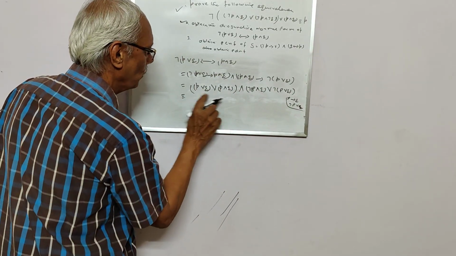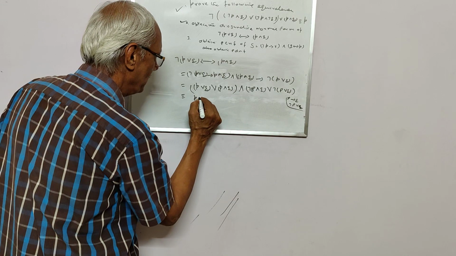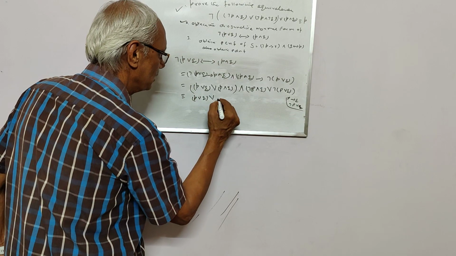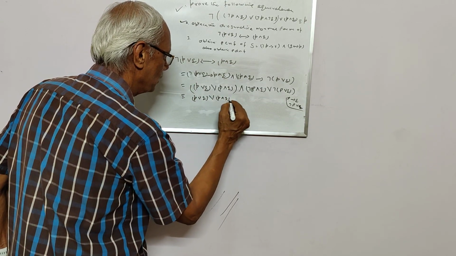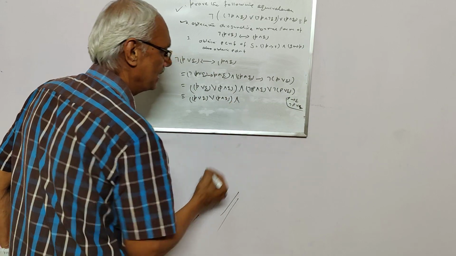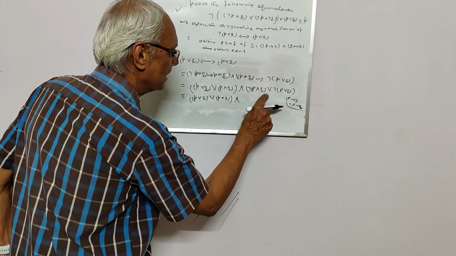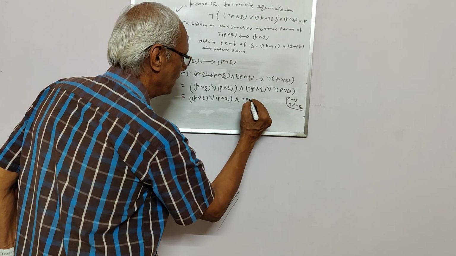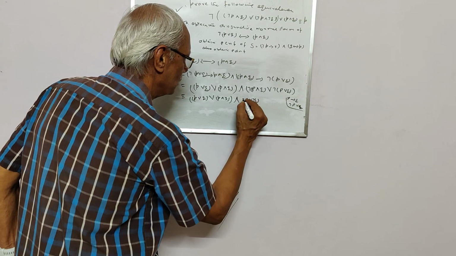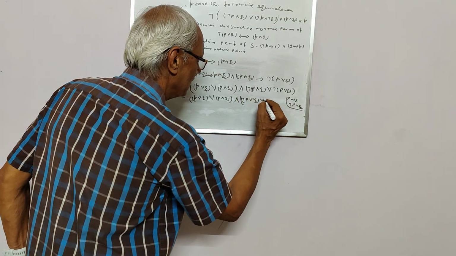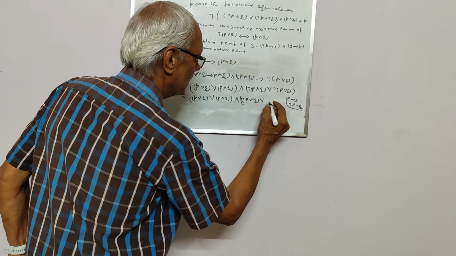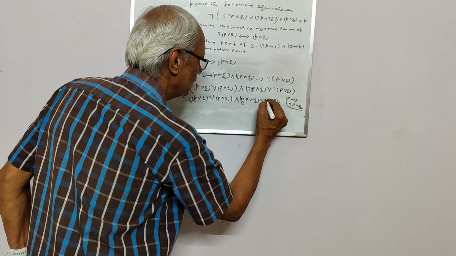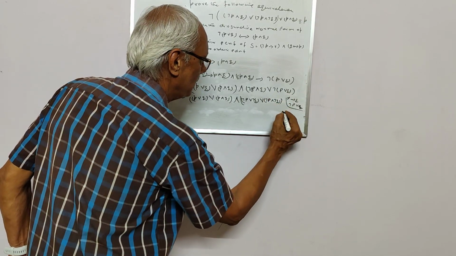Now this will be equal to P disjunction Q, disjunction P conjunction Q, keep this like this, and conjunction, take the negation inside, use De Morgan's law, so negation of P disjunction negation of Q. Keep this in another bracket, then take the negation inside, negation P conjunction, because it is De Morgan's law.